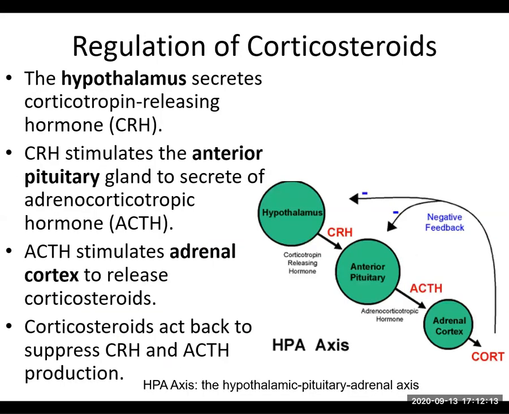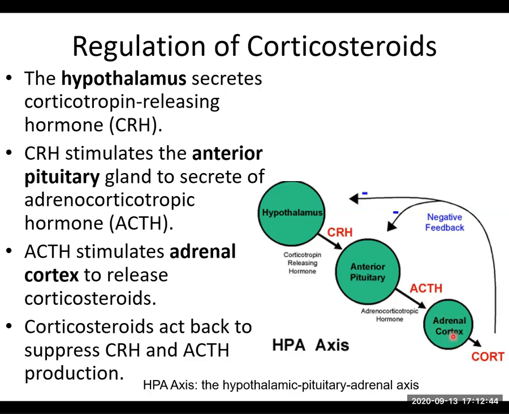So let's say corticosteroids, the regulation is basically derived from this HPA axis, the hypothalamic pituitary adrenal axis. The hypothalamus produces the CRH, which acts on the anterior pituitary gland, which releases the ACTH, and then that acts on the adrenal cortex.